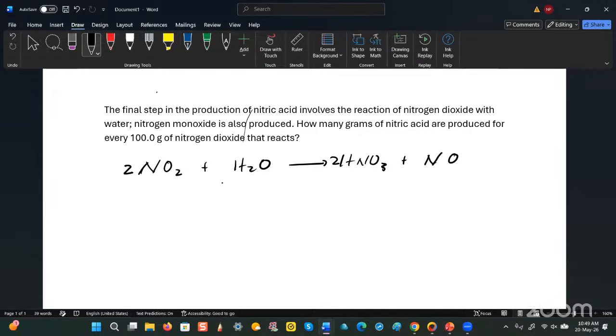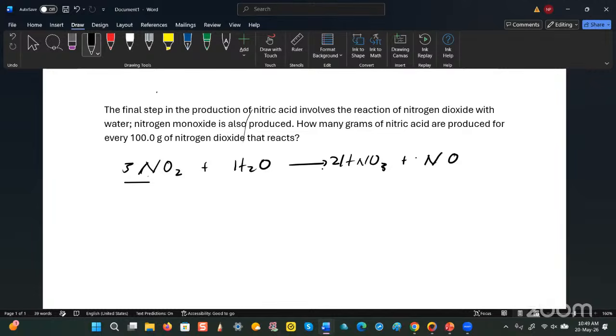Oh no, the nitrogens change up. Let me see here. We have 2 nitrogens here. So if I were to change the 2 to 3, let's see what happens. Okay, now it's balanced.